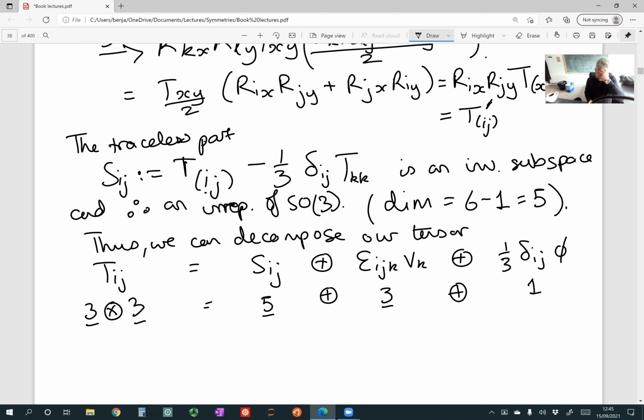So we found our decomposition of our tensor product in this case. And so each of these fields we've defined here, the phi, the vk, and the Sij, they're irreps of SO3. And so we could use those instead to build some field theory.